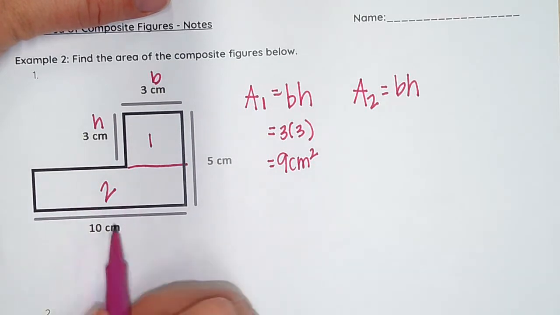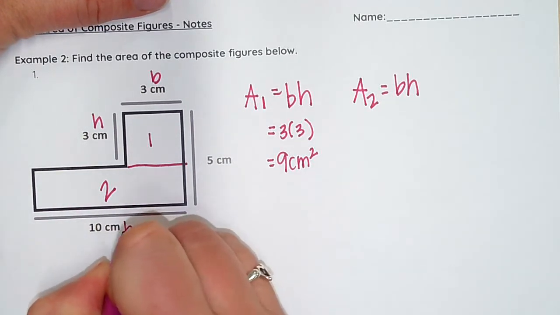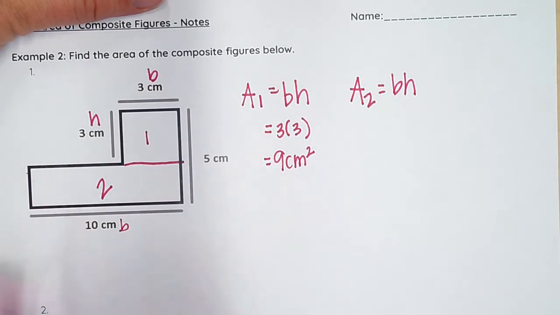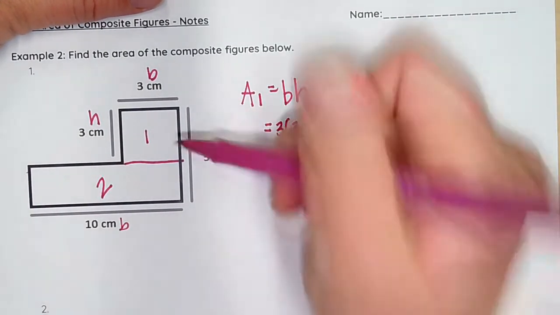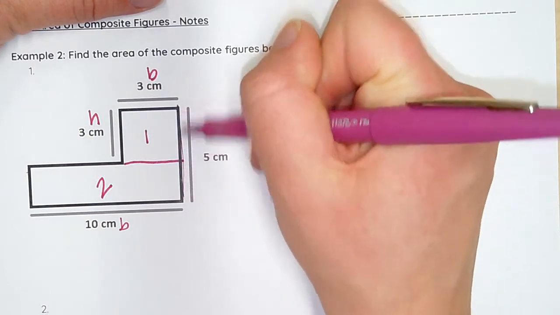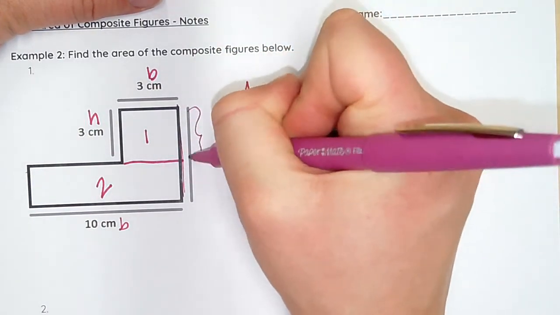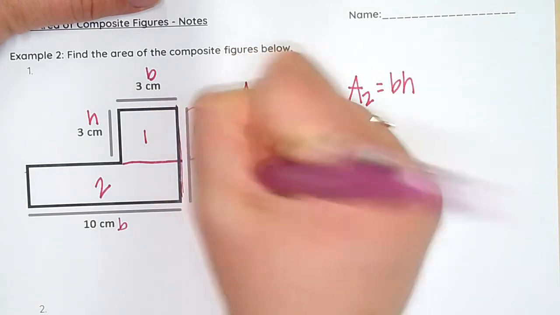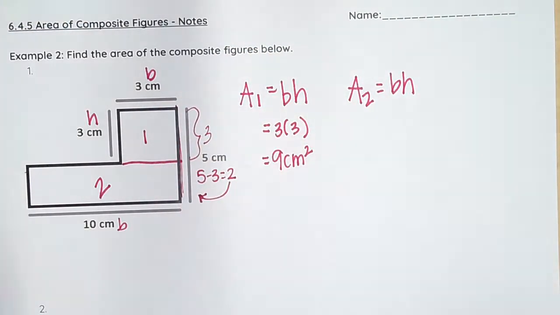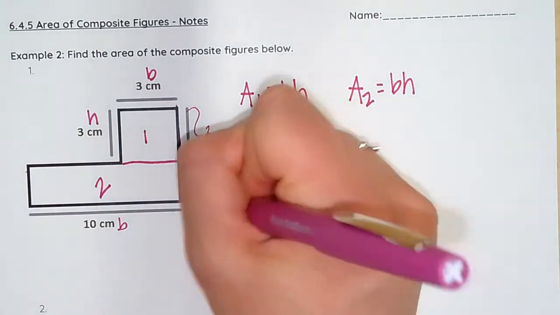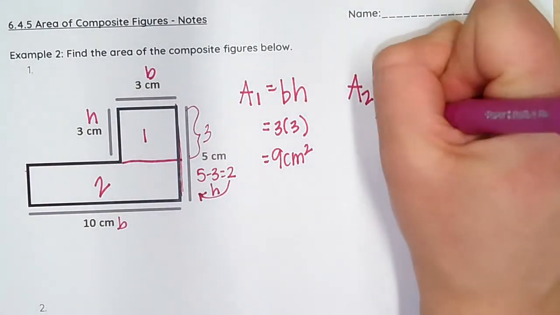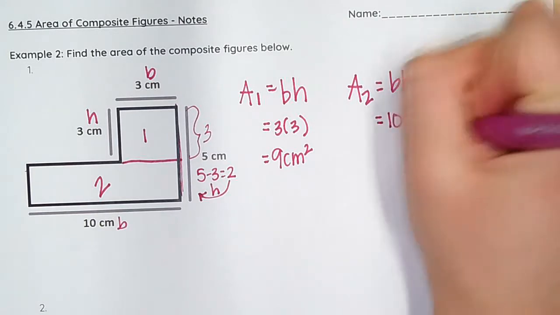Now I'm going to go to this one. I see that this is the base, which is 10, and the height, I don't have a height, but I have, this is 5, and this is 3. 5 minus 3 gets me 2. 2 right here. 2 is my height. So I go ahead and substitute in 10 times 2.